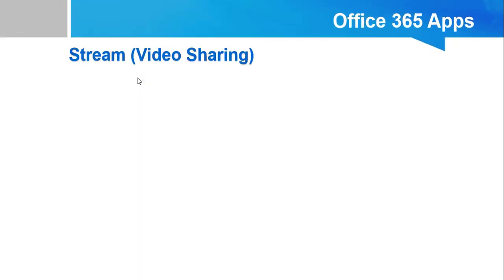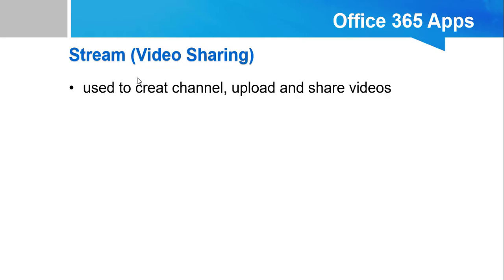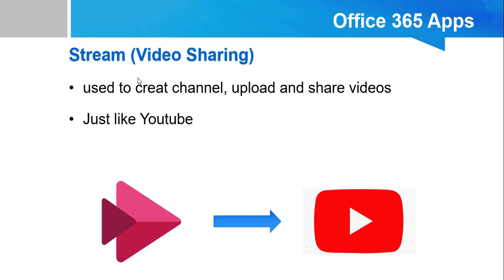Then Microsoft Stream is video sharing software that is used to create channels. We create a channel in Microsoft Stream, then we can upload and share videos just like we do in YouTube. We create a channel, we upload video and share with other people.